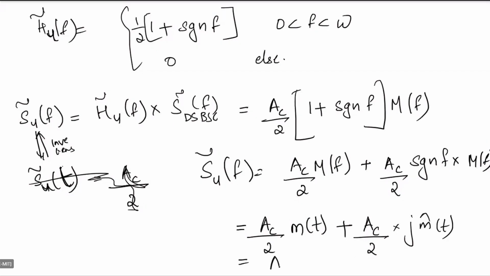So the inverse expression is Ac by 2 into M of t plus j M hat t. This will be the expression for SU of t. So this is SU of t, the complex envelope.